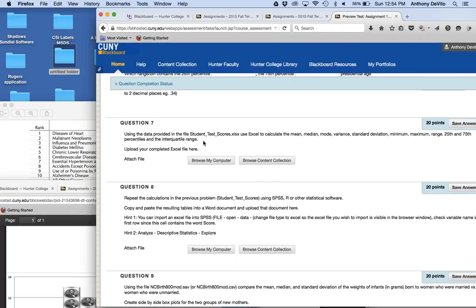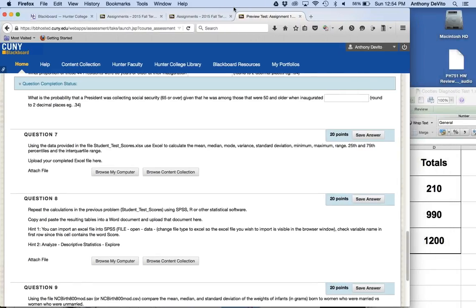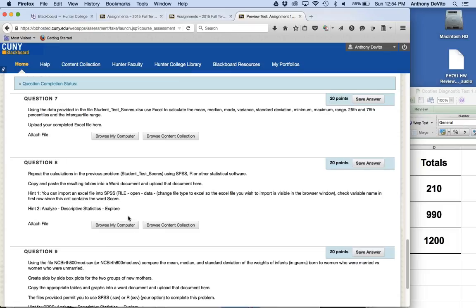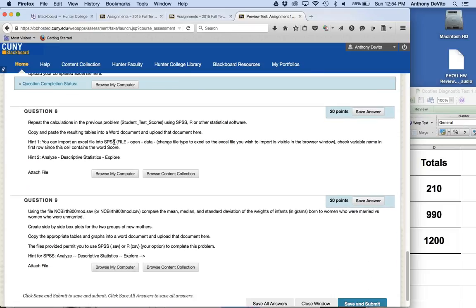Okay. Question 7, using data provided to discuss test scores, calculate the mean, median, mode, variance, standard deviation, maximum, minimum, just about everything, basically, using Excel. Now, I don't have SPSS on my computer right now.